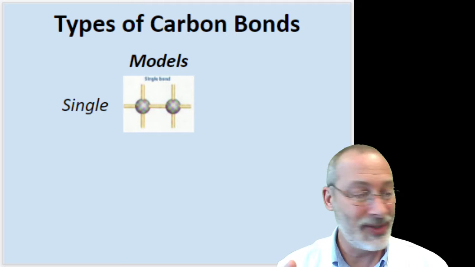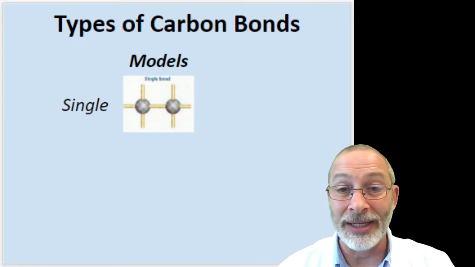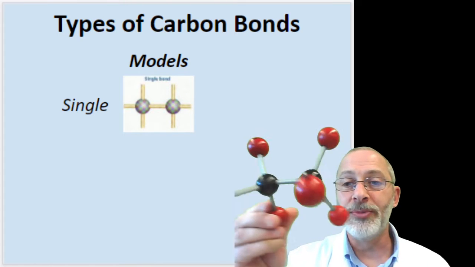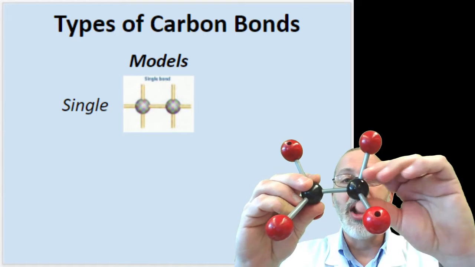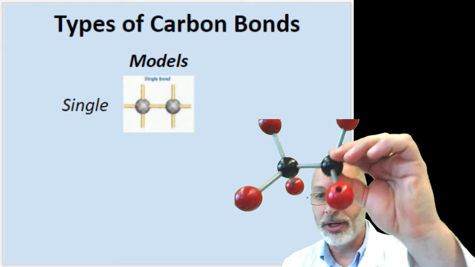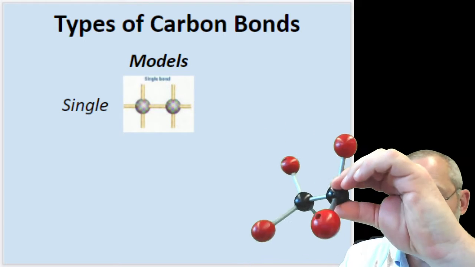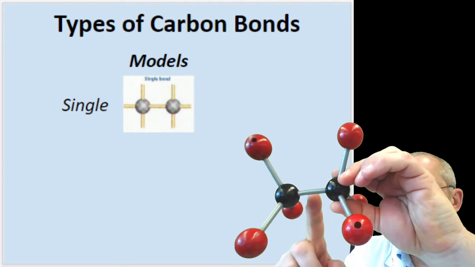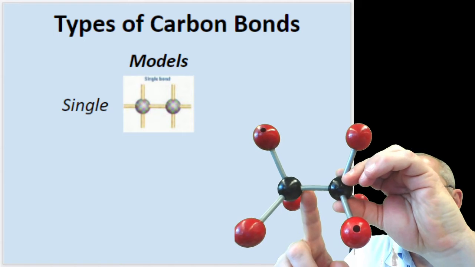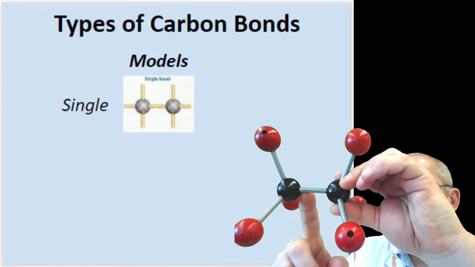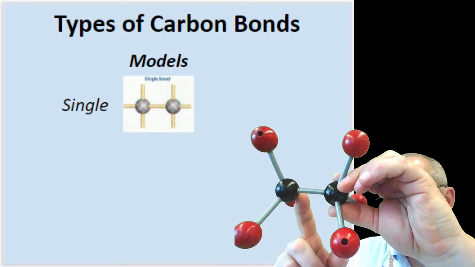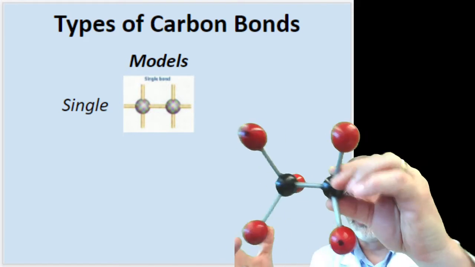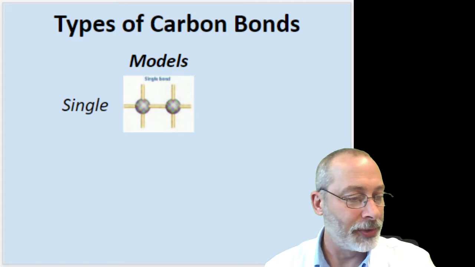Well, what does a single bond mean? I'll use this bigger model here to illustrate it for a moment. A single bond is one in which, and hopefully you can see this if I move off to the side, we have a single covalent bond between 2 carbon atoms. Now, I'm pointing to this model as if you understand what in the world I'm talking about here.